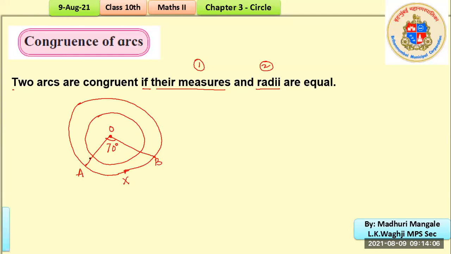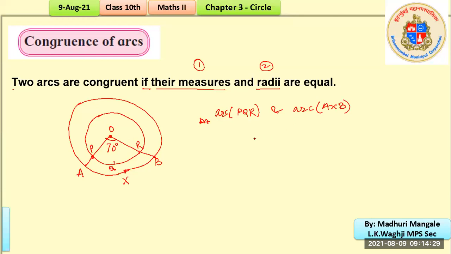This is AXB, and let's say this is PQR. My question is: are arc PQR and arc AXB equal? Can we say that they are congruent?